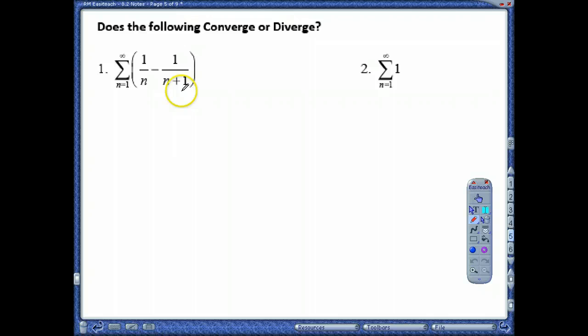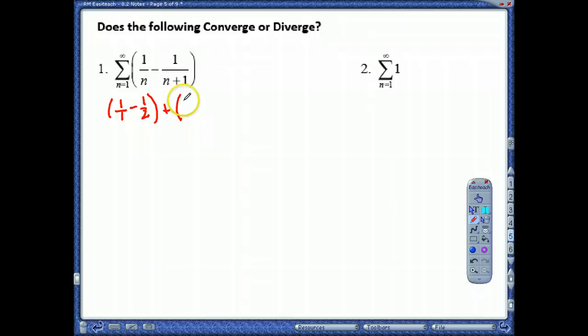So I'm looking at number 1 here. I've got 1 over n minus 1 over n plus 1. You've got that minus sign, so we've got a good shot at being a telescoping series. Well, let's just find out what a couple of those terms are. So if I put 1 in there, I'm going to have 1 over 1 minus 1 over 2. And then I'm going to add that to the next one.